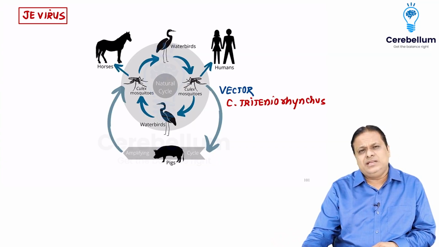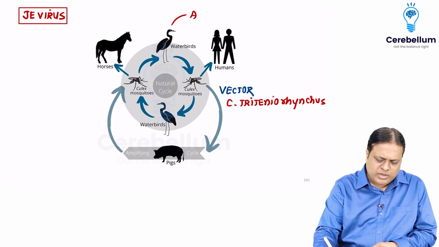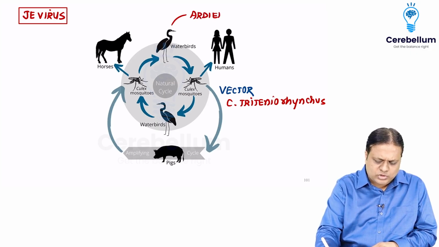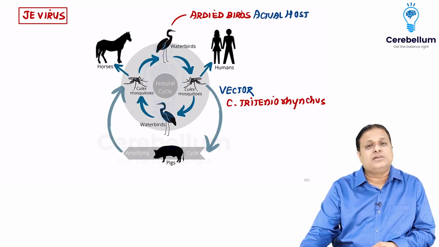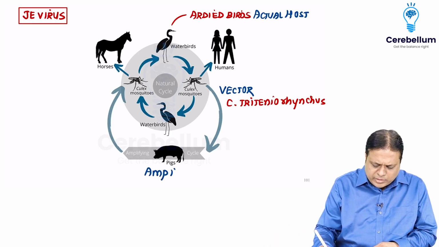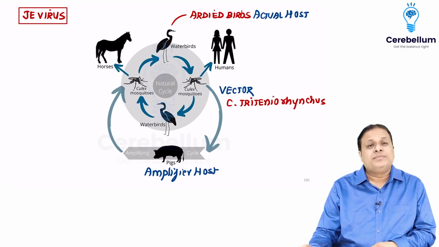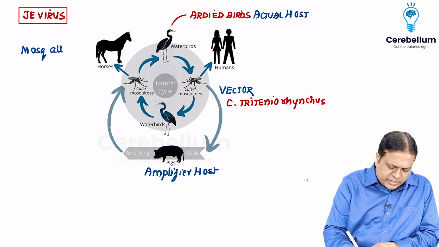It is basically a life cycle between ardeid birds, water birds, who act as the actual host of this disease. Ducks, fowls, herons. Pigs act as amplifier host. Organism multiplies. Cattle and horses act as mosquito attractants.